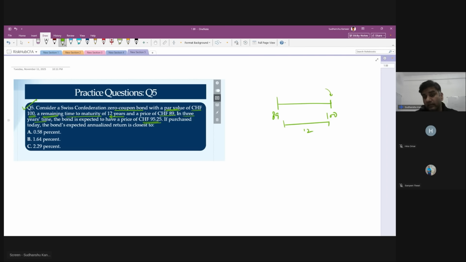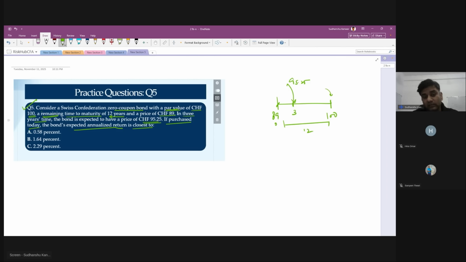In 3 years' time means from here till here, the third year. If I count it 0 to the third year, the price expected here is 95.25. If purchased today, the bond's expected annualized return is closest to.